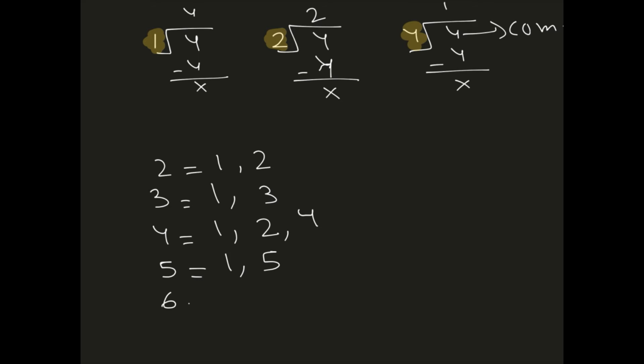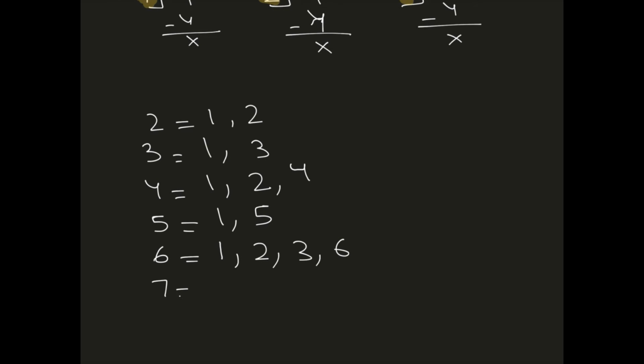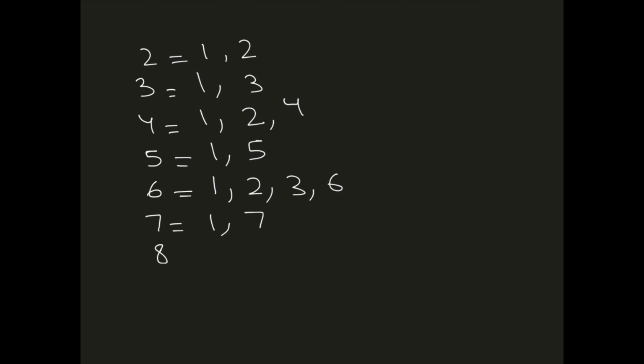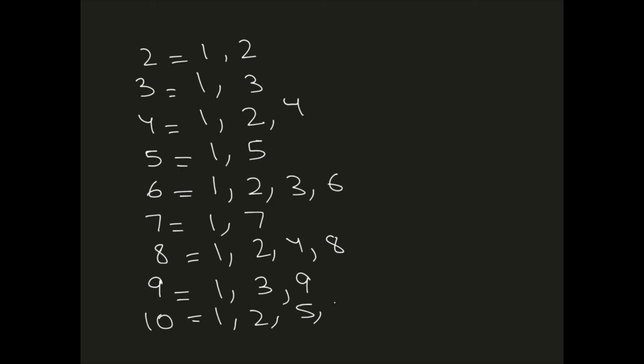The factors of 6 are 1, 2, 3 and 6. The factors of 7 are 1 and 7. The factors of 8 are 1, 2, 4 and 8. The factors of 9 are 1, 3 and 9. And the factors of 10 are 1, 2, 5 and 10.